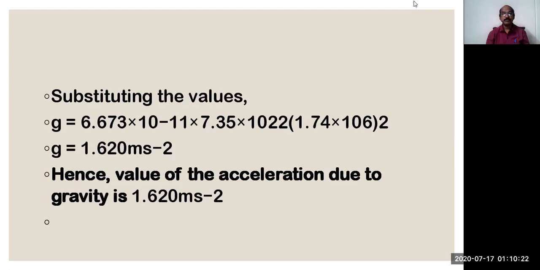Therefore, we take this constant value when it is not specifically mentioned. g equal to 9.8 meters per second square in the SI system. In the CGS system, g is taken as 980 centimeters per second square, and in the FPS system, g is taken as 32 foot per second square.